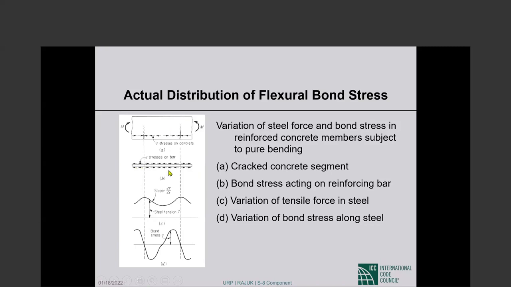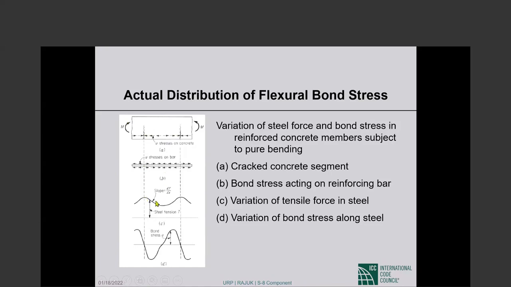Figure B has bond stresses acting on the reinforcing bars. Figure C, very importantly, shows you the variation of tensile force in the steel. Where the concrete cracks, the concrete does not carry any tension, so the tension in the reinforcement goes up.